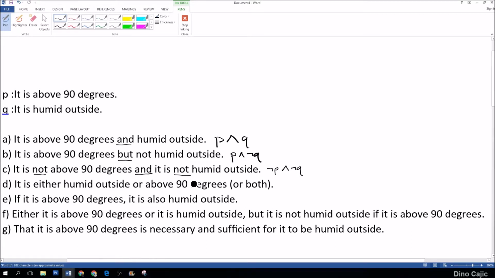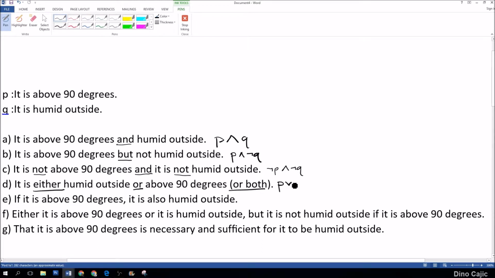The following sentence uses the or operator. We also see that the or both is stated right here. So we know that it can either include this one or both, which means it's a disjunctive or. So that states that it is either humid outside or above 90 degrees. This is another keyword for that or.